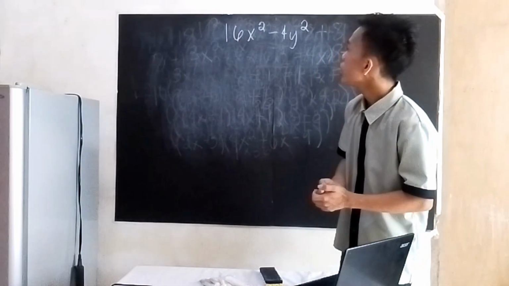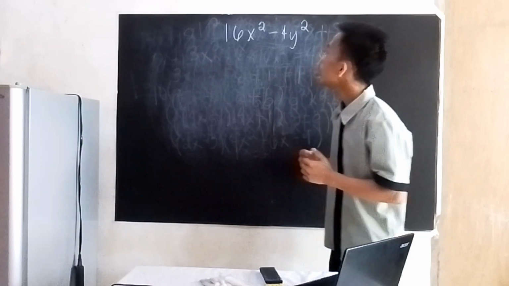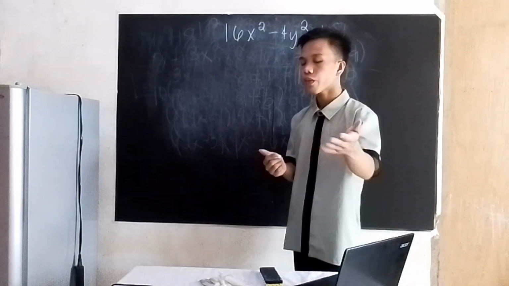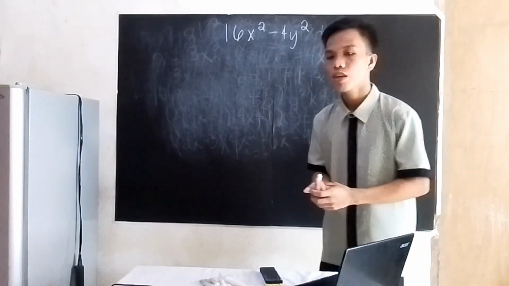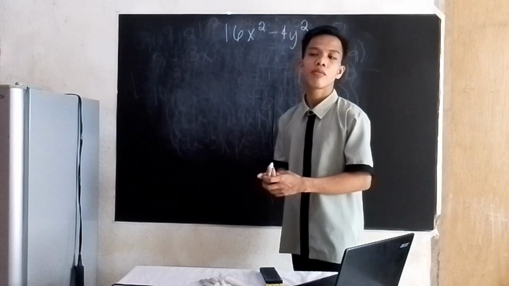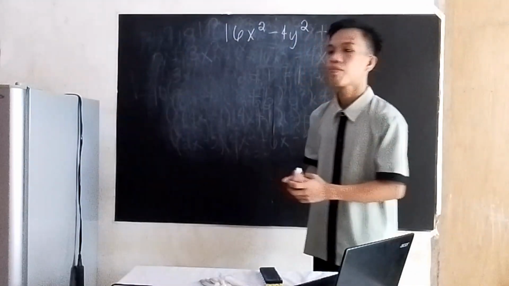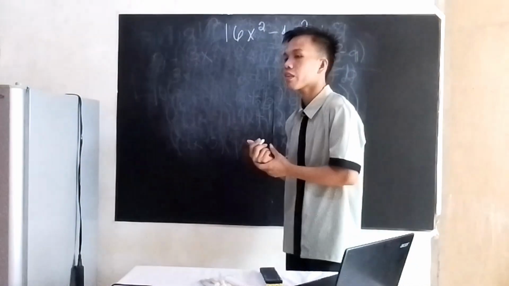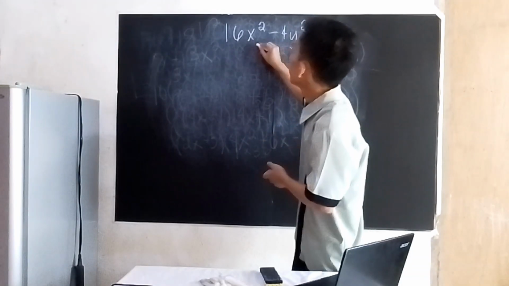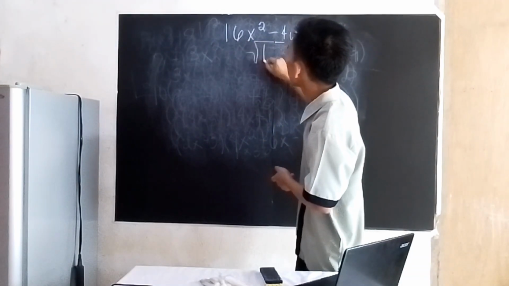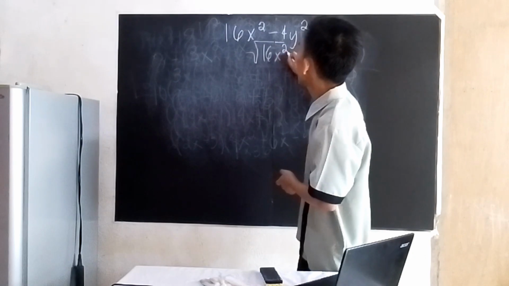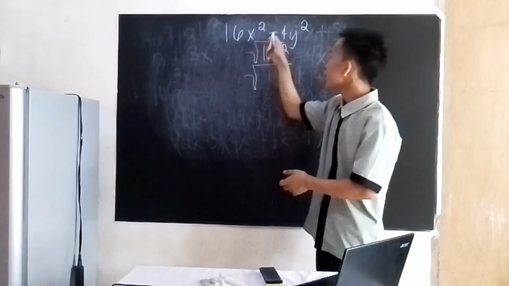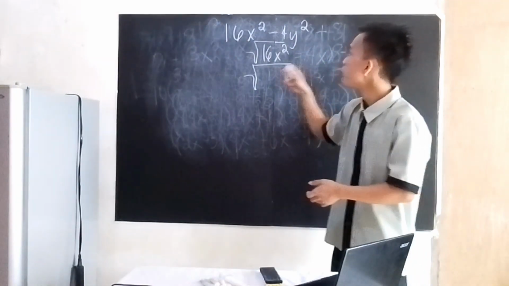In here, what is our first step? Let's have Karingal. That's right, we are going to extract the square root of each term. So that will be the square root of 16x squared and the square root of, what are we going to put, negative 4y squared or 4y squared only?